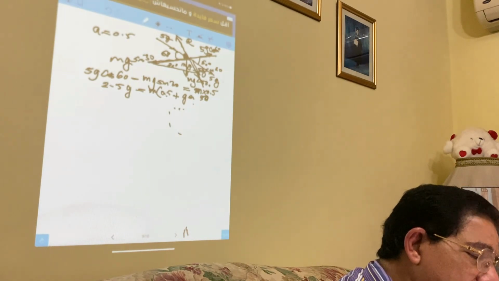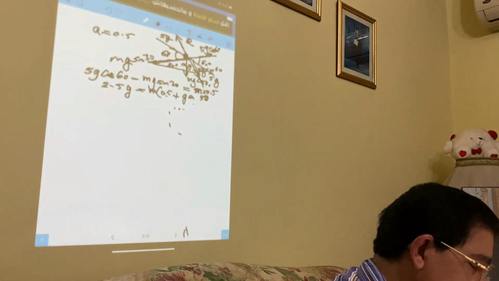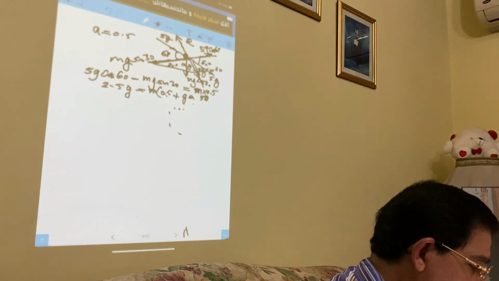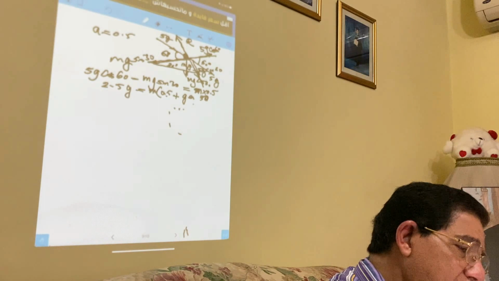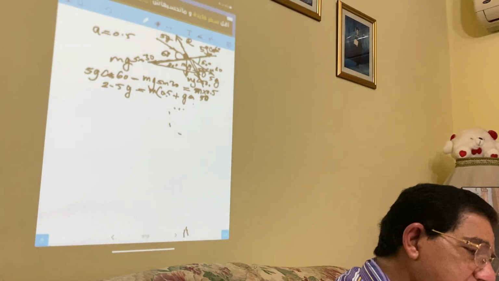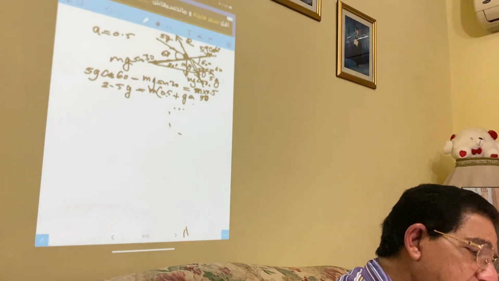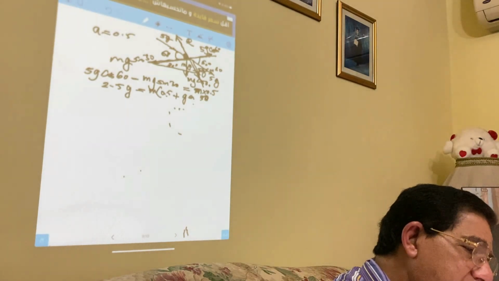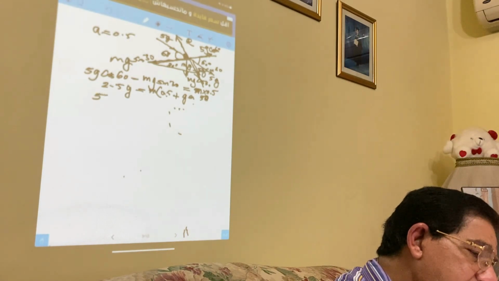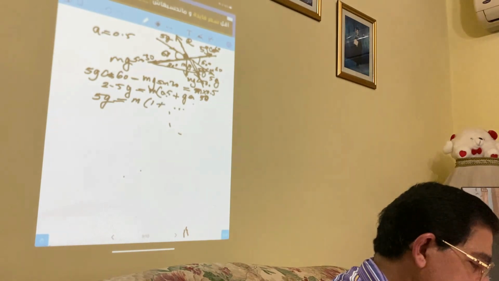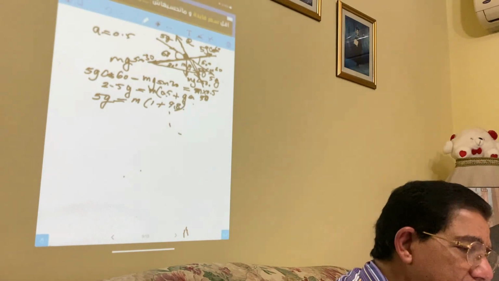Sine 30 is a half, and m cancels, so multiplying the equation by 2, we get 5g equals m times 1 plus g, with g equal to 9.8.